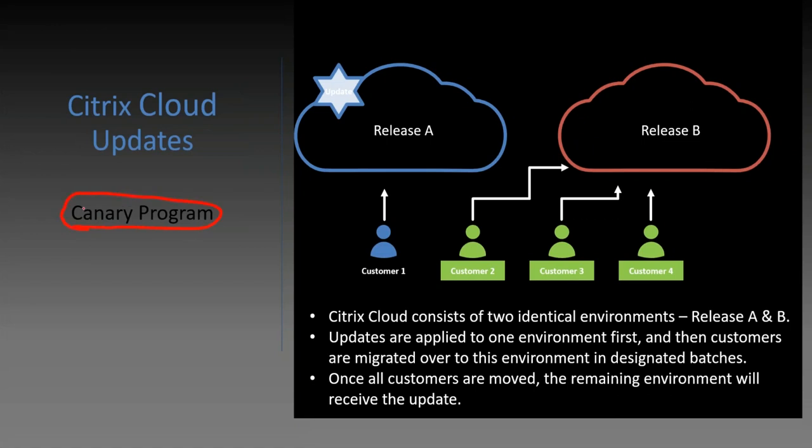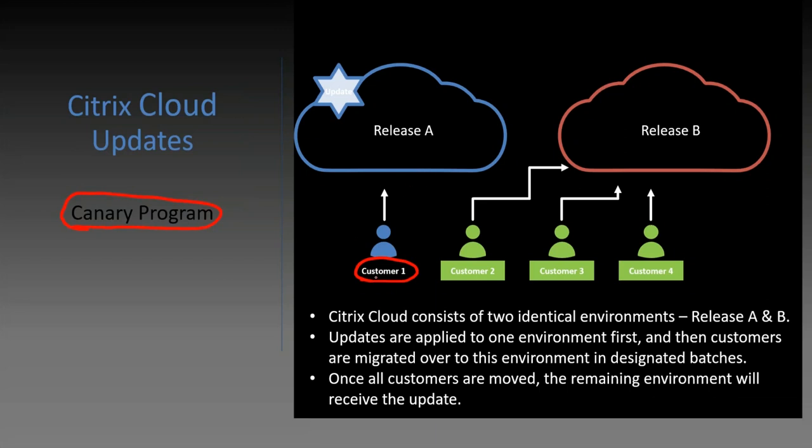The Canary Program is a 2-week window where updates are rolled out. Every 2 weeks, the system will roll out updates. The Canary Program indicates that a customer has selected to be the canary. Now, this goes back to the days when they'd take canaries down into the mines to make sure that the air was good enough for the miners to breathe without causing any serious effects.